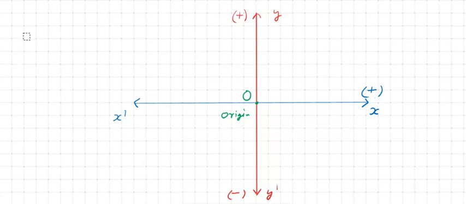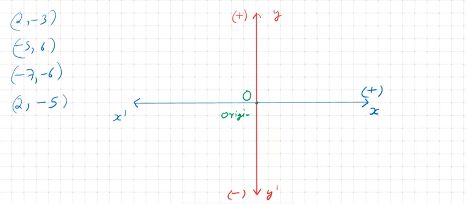Now, if we write some coordinates like 2 comma -3, -4 comma 6, -7 comma -6, 2 comma -5, -2 comma 11, 3 comma 5, 3 comma 0, 0 comma 5, and 0 comma 0, we want to see the location of these points.